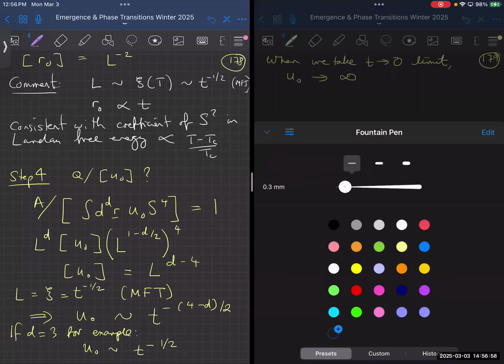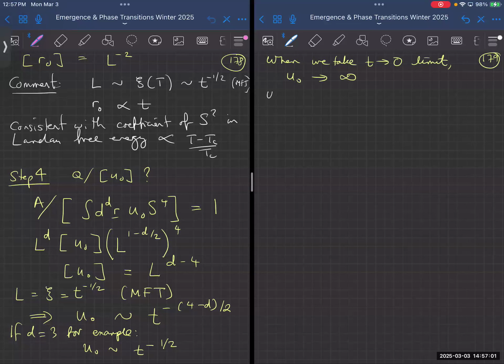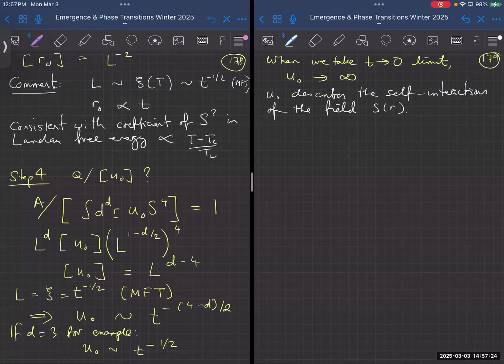So this is bad news, okay? Because u naught describes the interactions of the field with itself. And so what we've just said then is that the interactions become very important as T tends to 0.